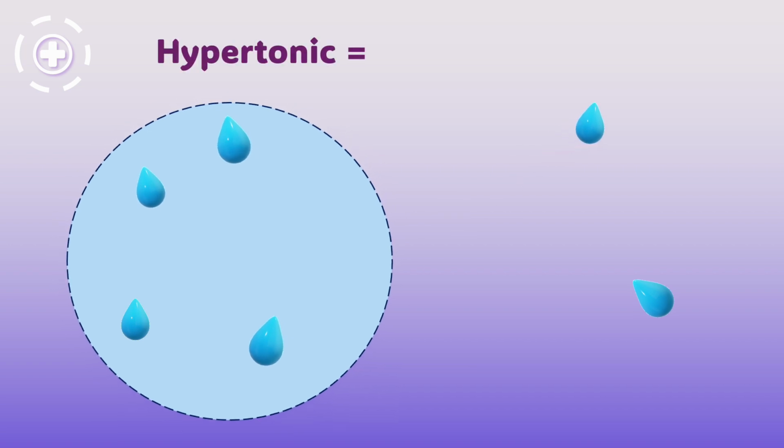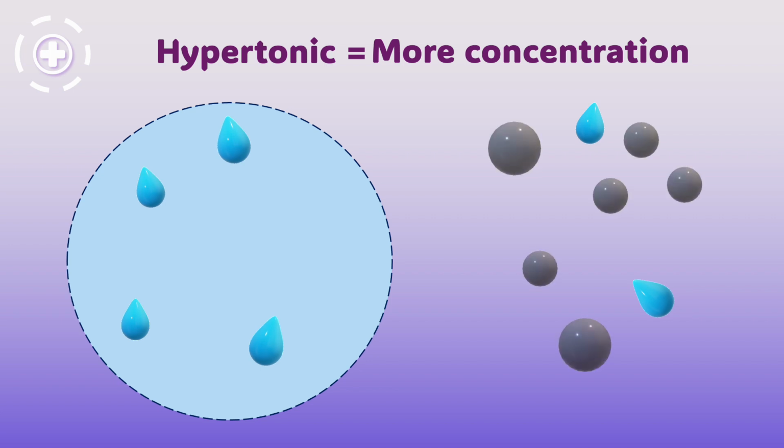And the last IV solution is hypertonic. Hyper meaning more or higher than, so more concentration of solutes. So if we look on the outside of the cell, we see a lot more solute molecules. This is our high solute area. And on the inside of the cell, we have a lesser amount.